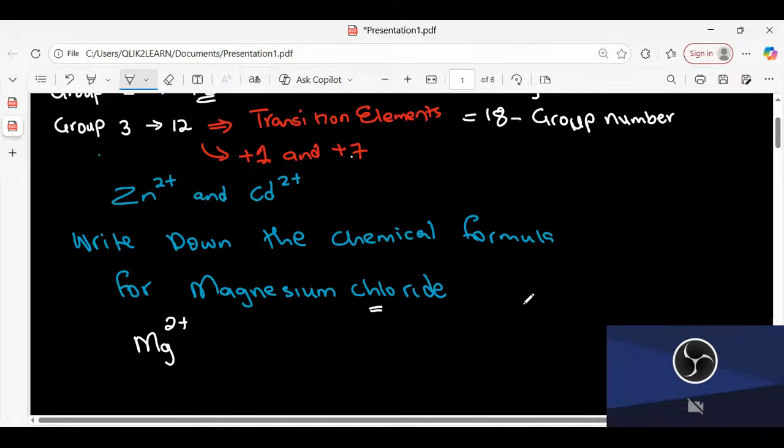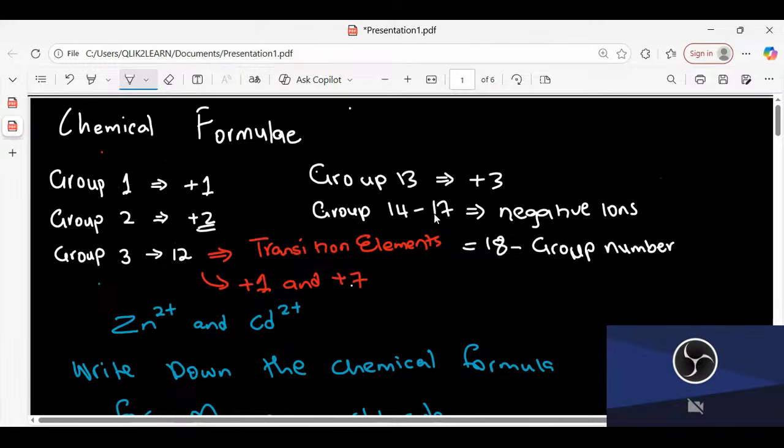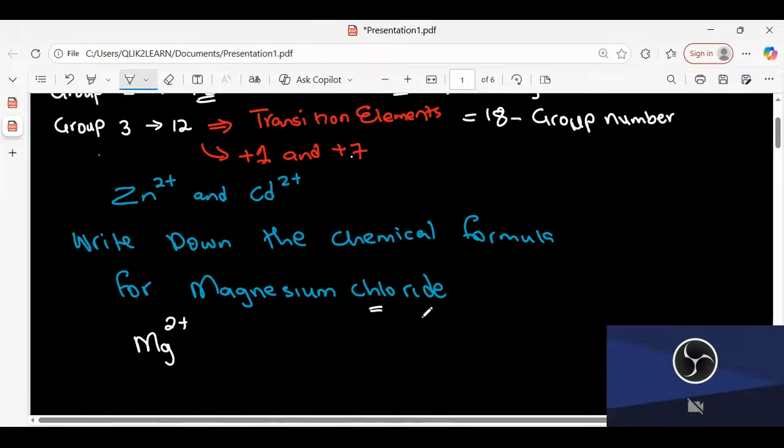And we said that those from group 14 to 17 will have negative ions, so the charge will be 18 minus the group number. Chloride is in 17, so what is the charge for chloride? 18 minus 17. What is the answer? 1. So when you get that 1, you write it as negatively charged. So this will be Cl minus.